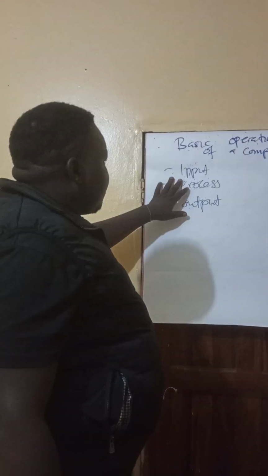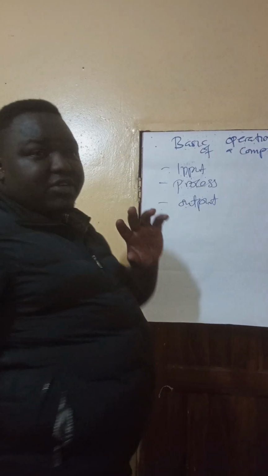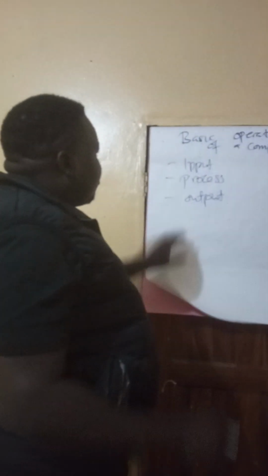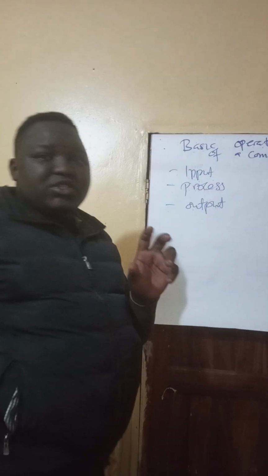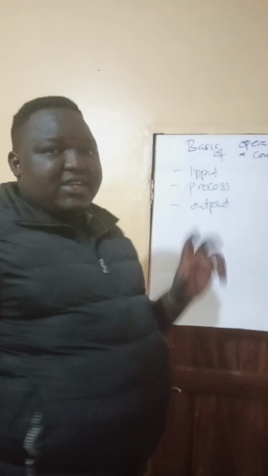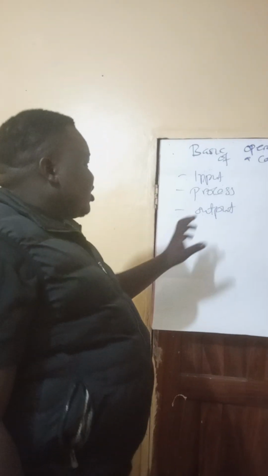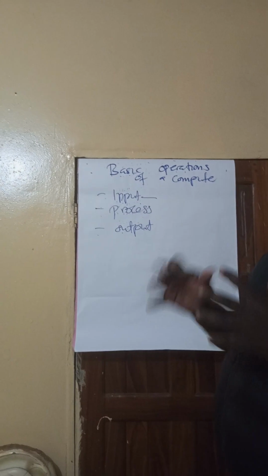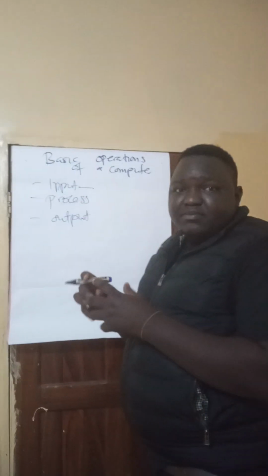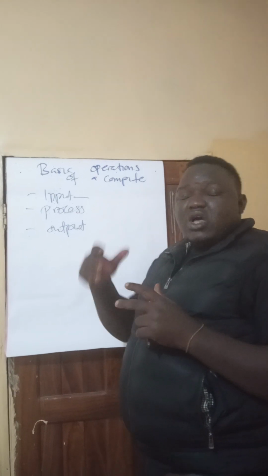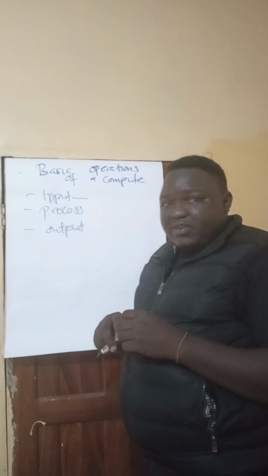Okay, so we start with the input device or the input operation. Under input, basically, this involves the reception of instructions from the external devices, which are stored in the memory. The input device is just there to receive information as well as store it, awaiting the next instruction which will be given.